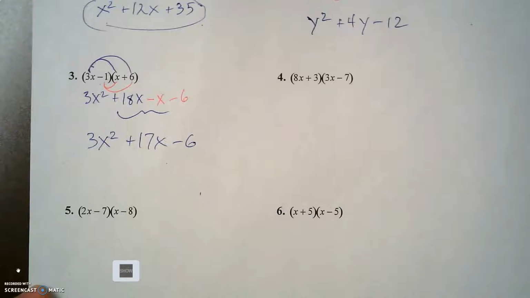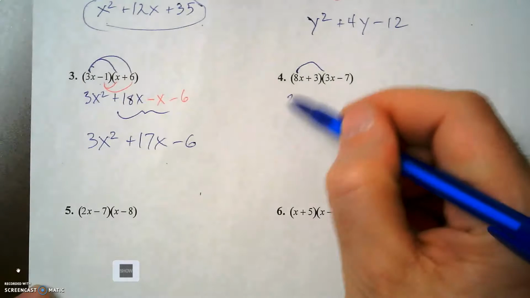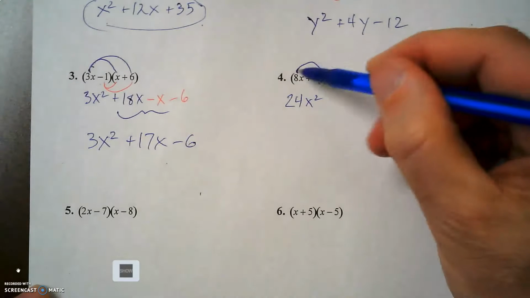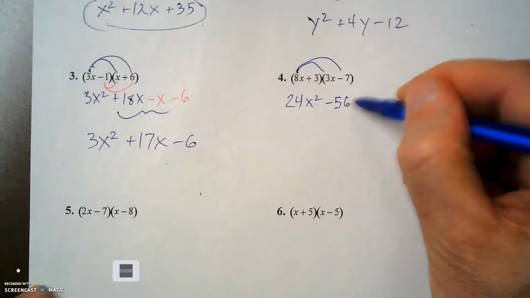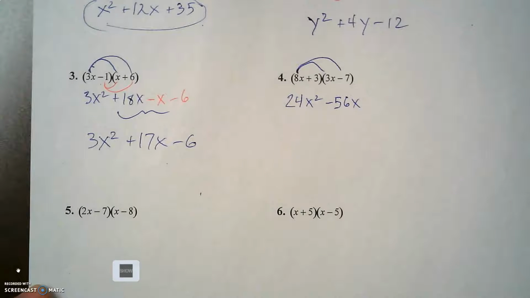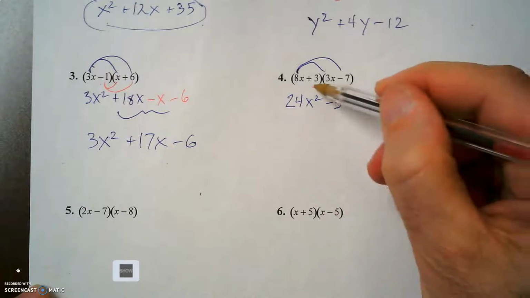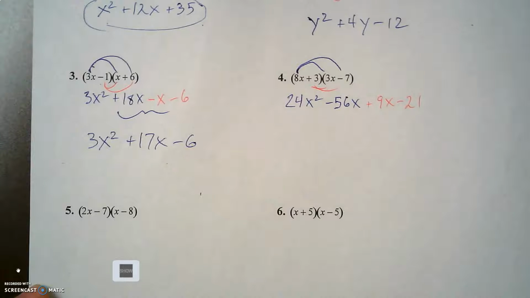Okay, I'll do one more, and I want you to try 4. 8 times 3, 24, and the x times x gives me the x squared. 8 times negative 7 is negative 56x. 3 times 3x is 9x. And 3 times negative 7 is negative 21.